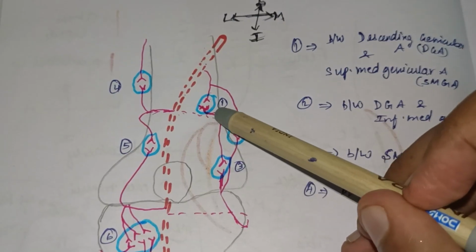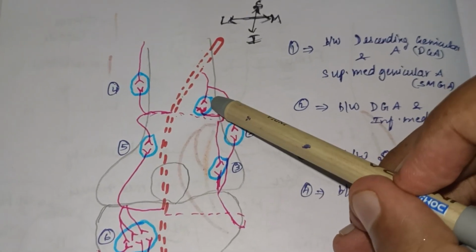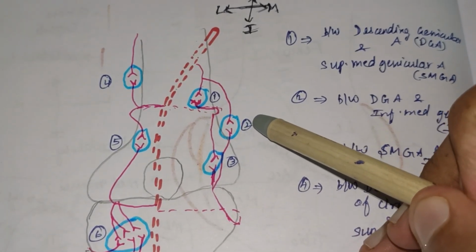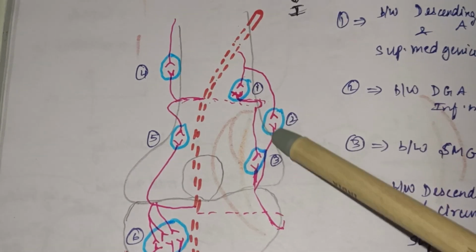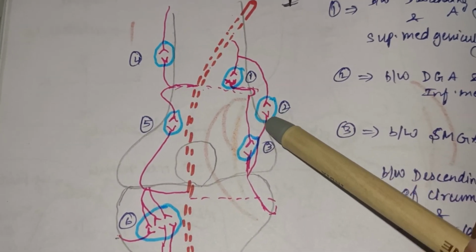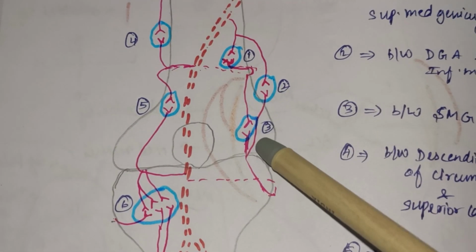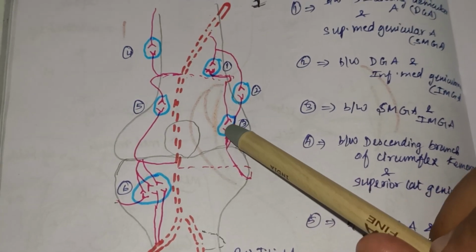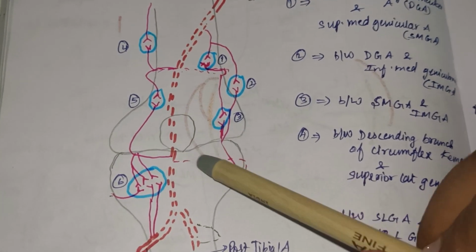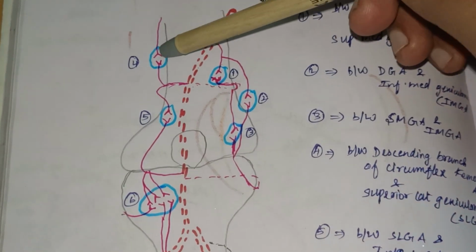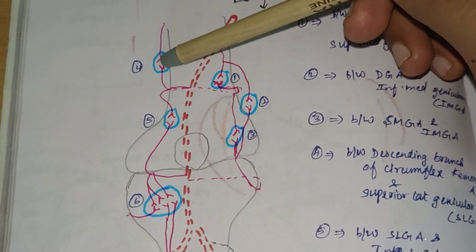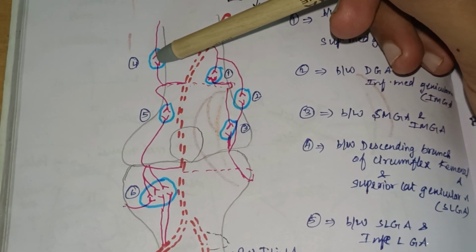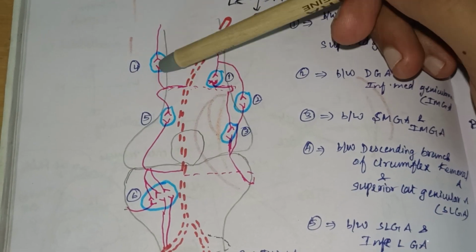Okay, that's it. So once again, to summarize everything, the first anastomosis is between the descending genicular artery and the superior medial genicular artery. The second anastomosis is between the descending genicular artery and inferior medial genicular artery. The third anastomosis is between the superior medial genicular artery and the inferior medial genicular artery. That's all for the medial side. On the lateral side, the fourth is between the descending branch of circumflex femoral artery and the superior lateral genicular artery.